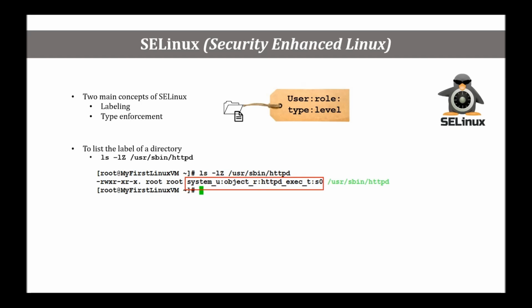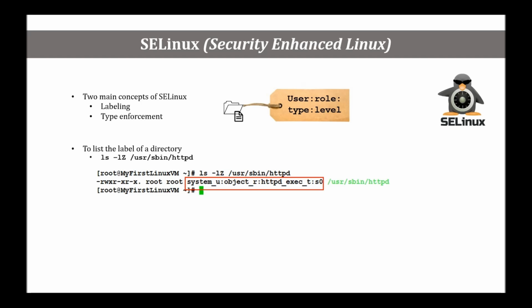You will see right here where I have highlighted in the red rectangle, it has system_u, which is for user, object_r, which is for role, httpd_exec_t. That's the type. And the last one, s0, is the level. Again, the main focus is httpd_exec_t.